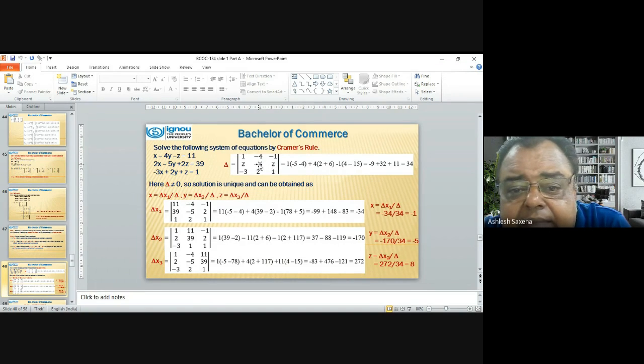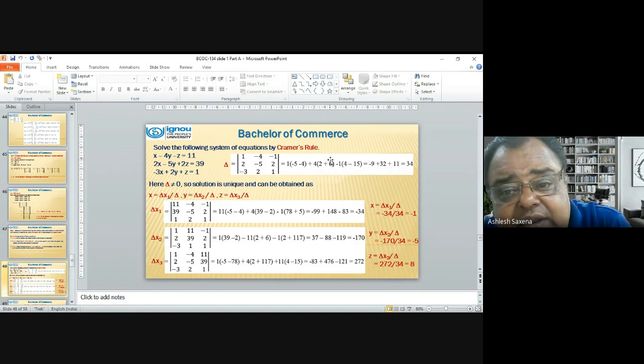Diagonally I will be multiplying. Minus 5 into 1 is minus 5, minus 2 into 2 is minus 4... In the second one, we have to take minus, but it has minus over here, so we will be changing the sign to plus. Plus 4 will come. We will be removing this and this, so we will be left with this and this. So 2 into 1 is 2, and minus into minus is plus, plus 2 into 3 is 6.